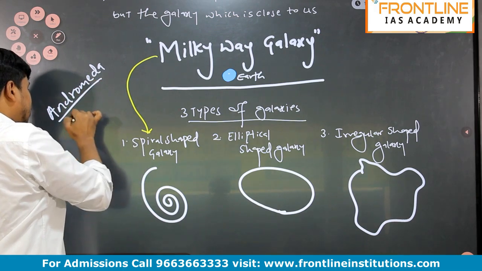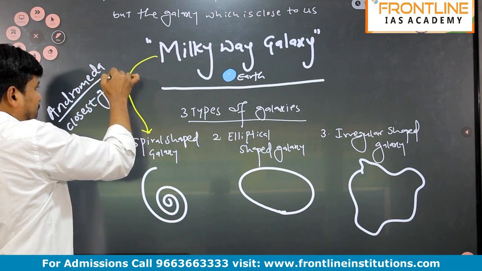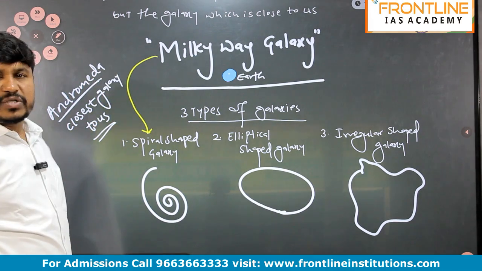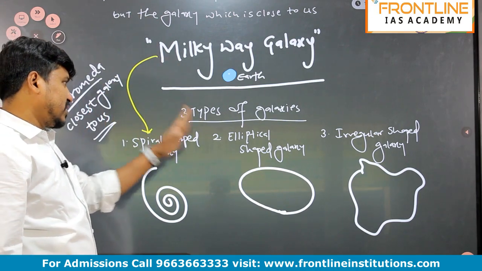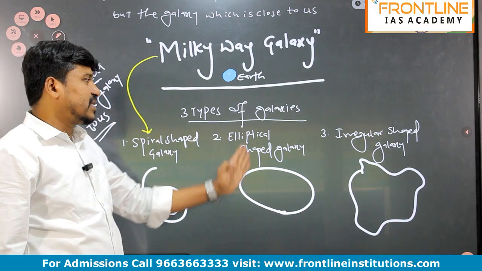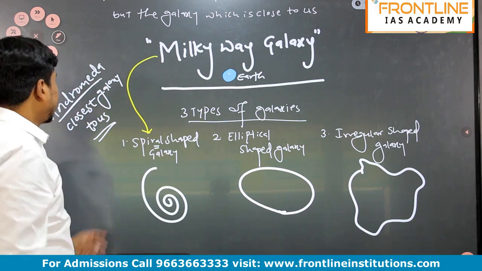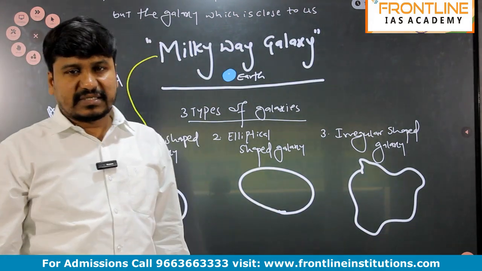So Andromeda is the closest galaxy to us, right? And there are three types of galaxies based on the structure or shape: spiral shape, elliptical shape, irregular shape. What is the shape of the Milky Way galaxy? Answer is spiral shape. So this is about the galaxies, and galaxies are made up of stars.